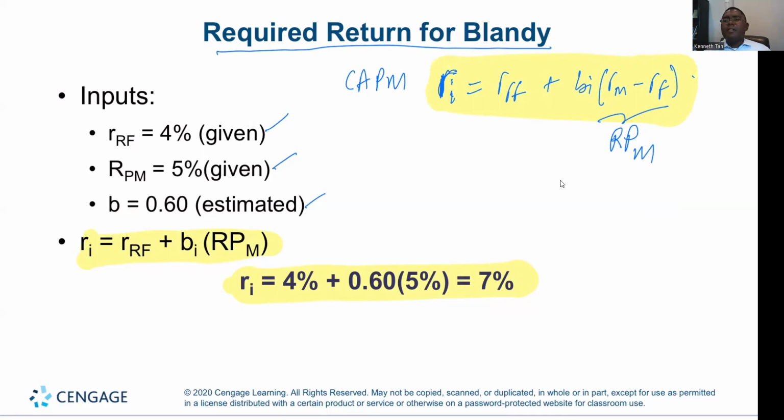This is what investors are demanding to invest in a company, the return they are expecting to get. They will first want a return that is at least the risk-free rate plus an additional amount because they are taking market risk. So it will be the beta of that company times the risk premium of the market.